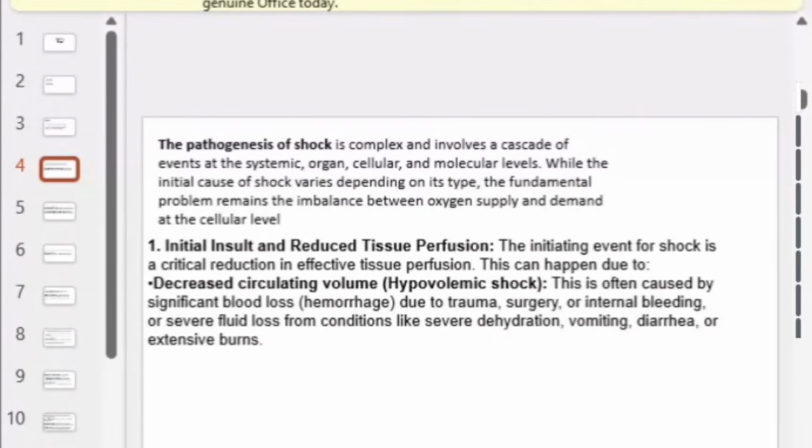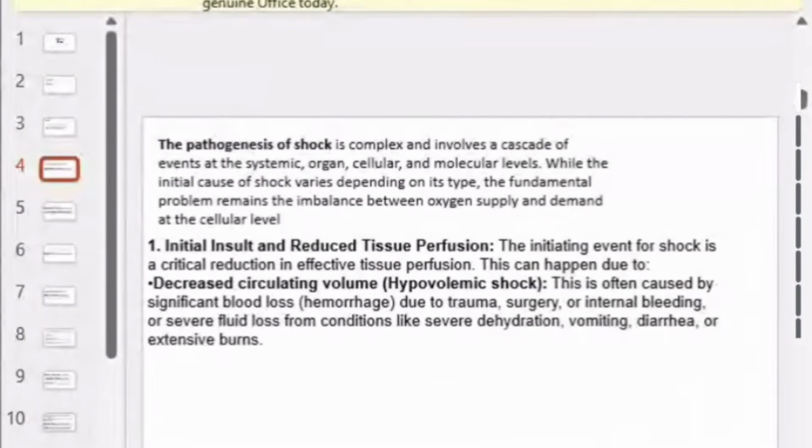It might also take place when there's decreased cardiac output, and this condition is called cardiogenic shock. This is whereby the heart fails to pump blood effectively, which might lead to a myocardial infarction.